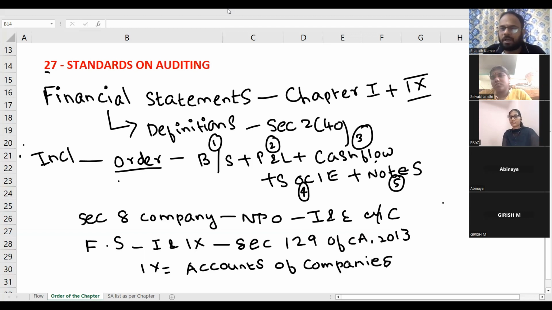Now, like that only, use your CA course also. There is no subject called accounting separately, auditing separately, tax separately, costing separately. If you are an auditor of the company, you should know everything about everything. But since you will not be able to put that in the head, they broke it into subjects.